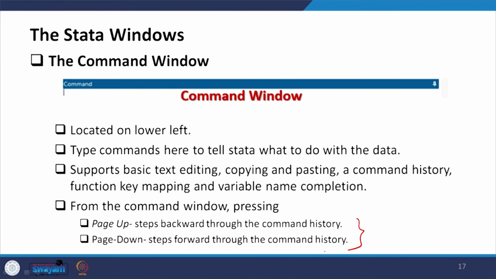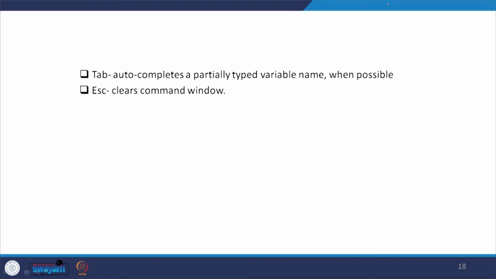Since this is a short keyboard, in this particular one it is not there, since I am using the digital version of it, and in your keyboard page up is there. Okay. If you click page up, it will pop up the previous command, and page down will give you the next command. You just open your keyboard, you will find it, next to all those arrows.